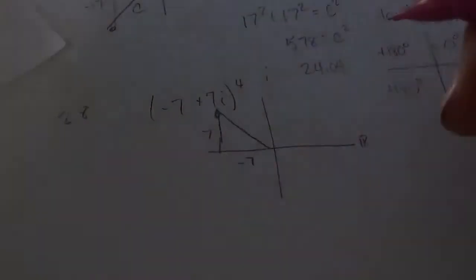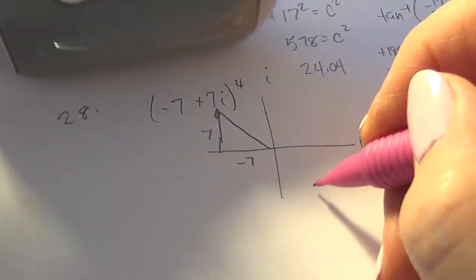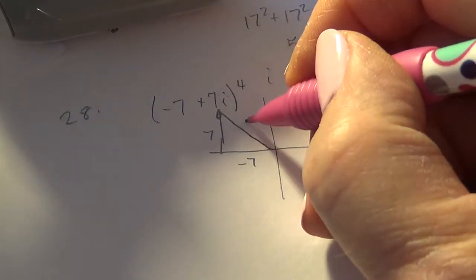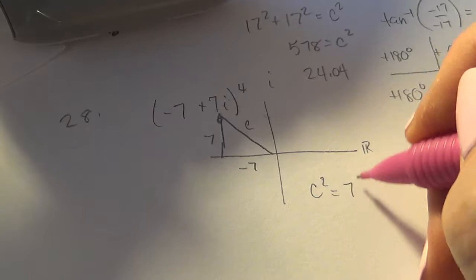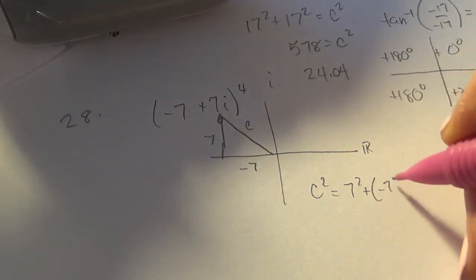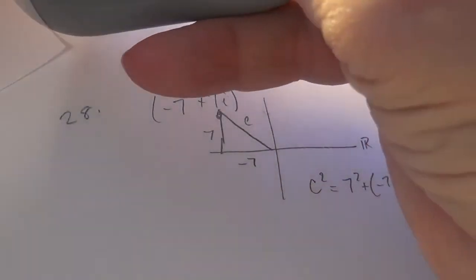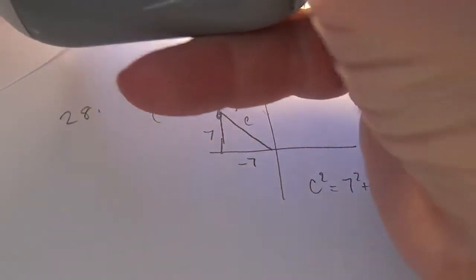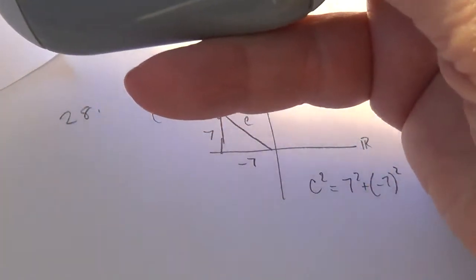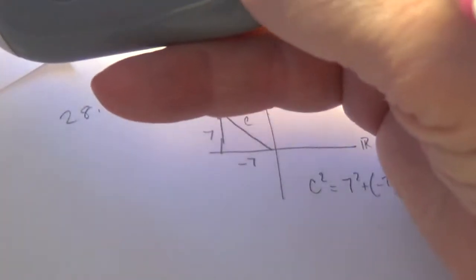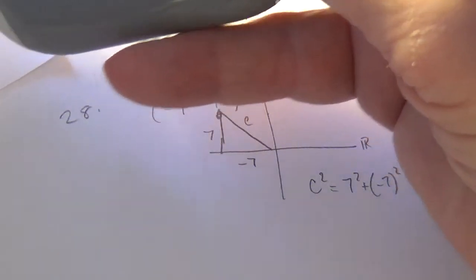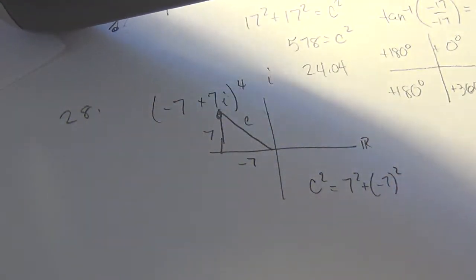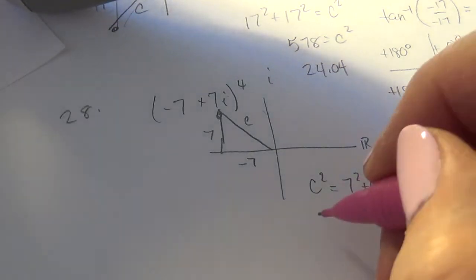And we can get the hypotenuse by c squared equals 7 squared plus 7 squared. So it's 49 plus 49, square root, 9.90.